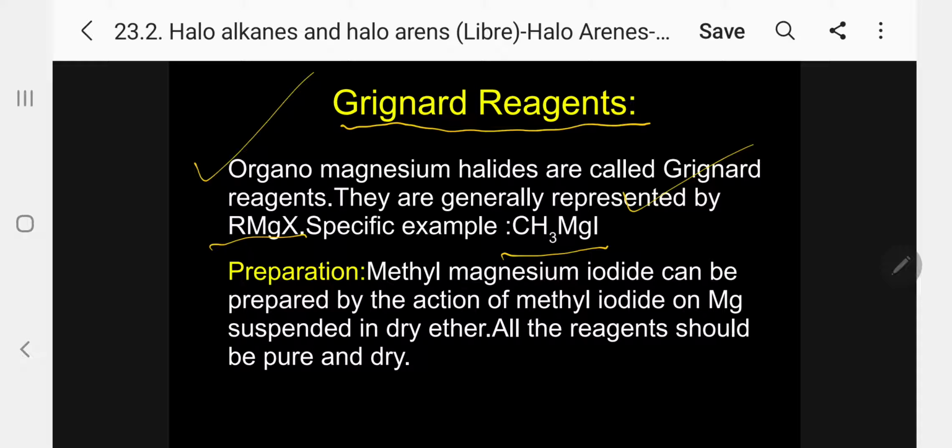A specific example is methyl magnesium iodide, normally given in the form of ether solution. Kindly follow. Preparation: methyl magnesium iodide can be prepared by the action of methyl iodide on magnesium in suspended dry ether.